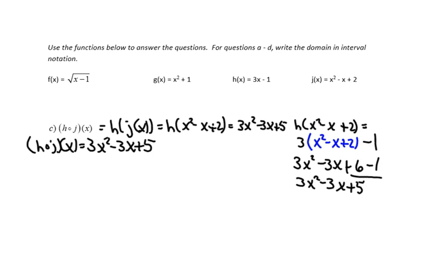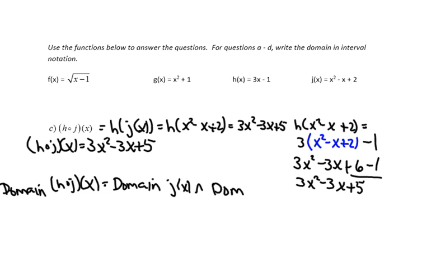Now, I want to know what the domain for this is going to be. What's the domain of the composition h of j of x? What's the domain of j of x? Intersecting with the domain of the final composed function.